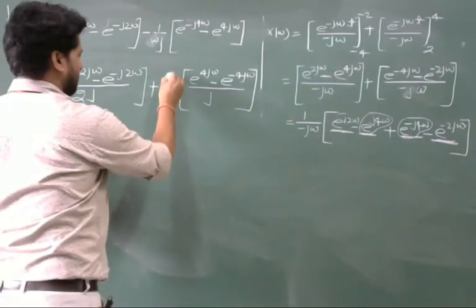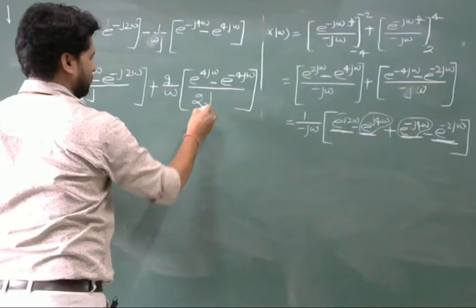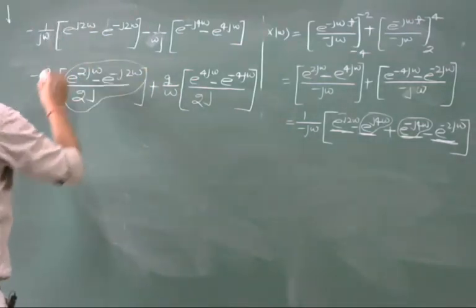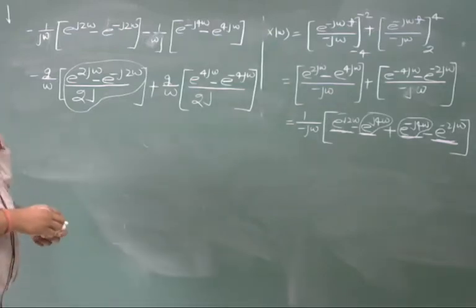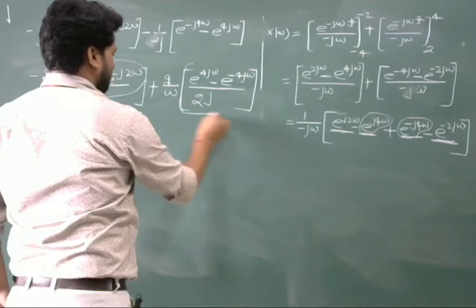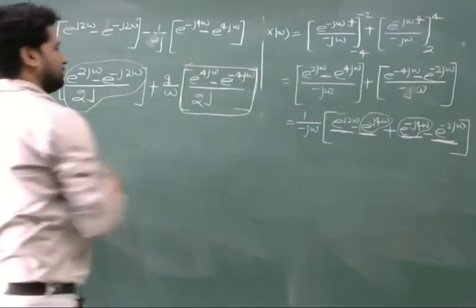Multiply in this equation by 2 and divide by 2. This will become sine 2 omega, and this will become sine 4 omega.